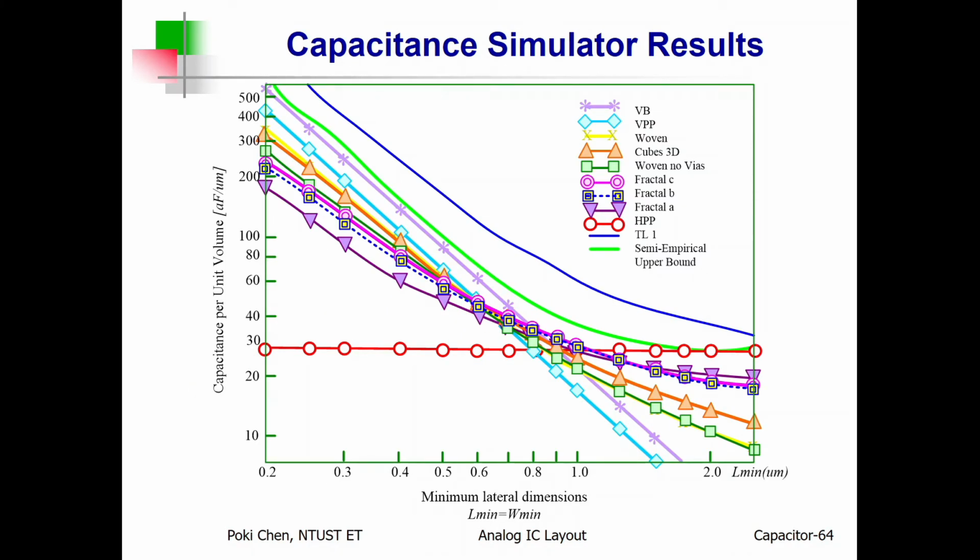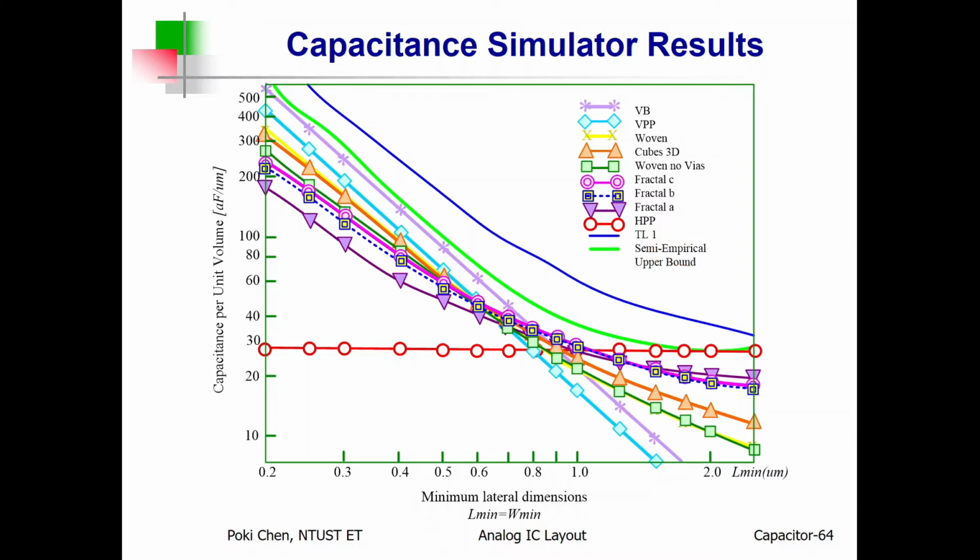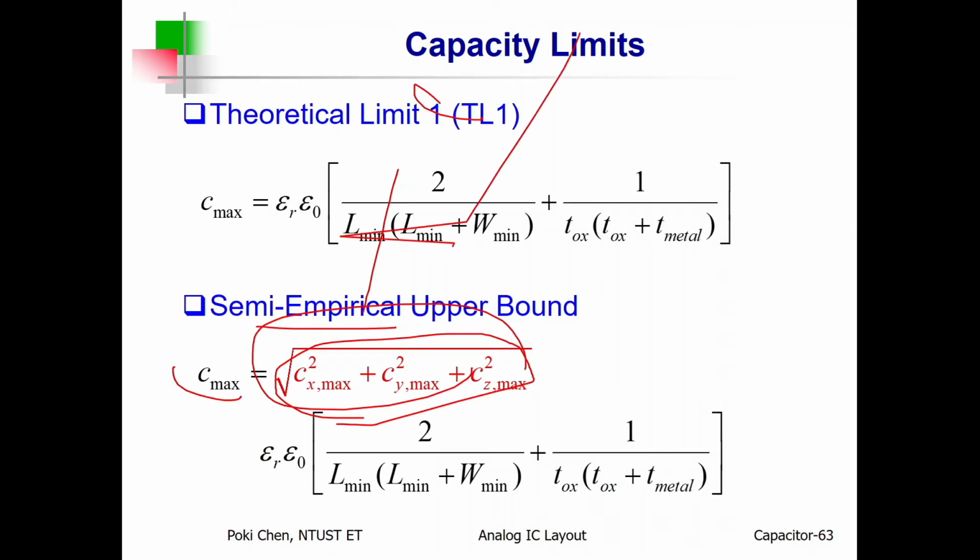From the simulation, you will see the blue line actually is for the theoretical upper bound. You can see no capacitor type can be very close to the theoretical limit. So it means forget about such kind of theoretical limit.